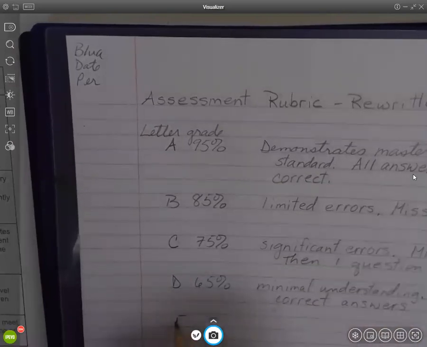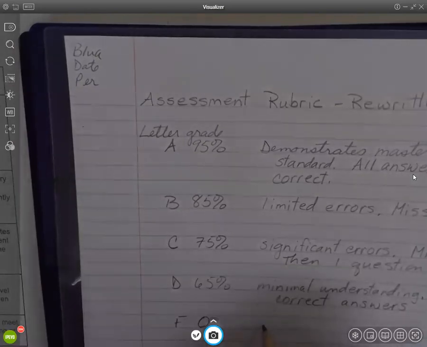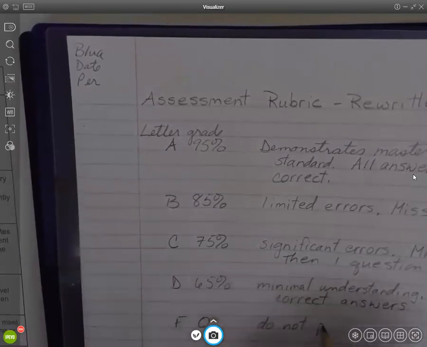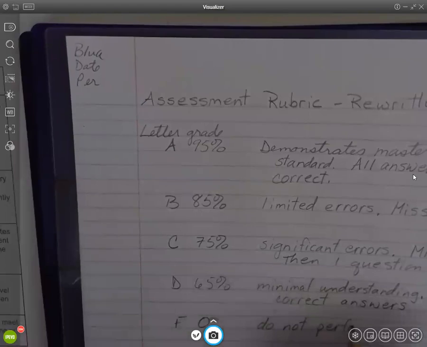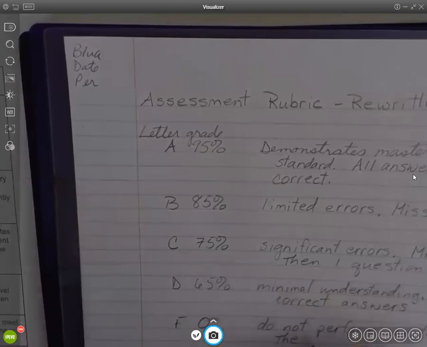And then an F is a 0. And basically you do not perform or take the assessment seriously.